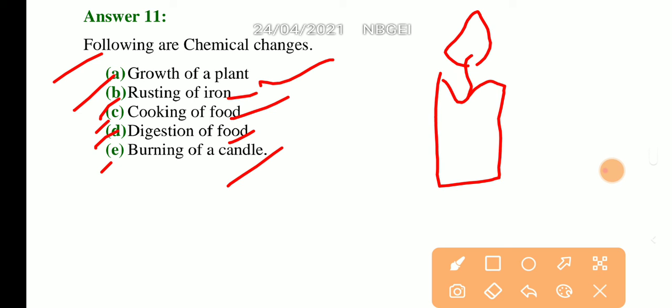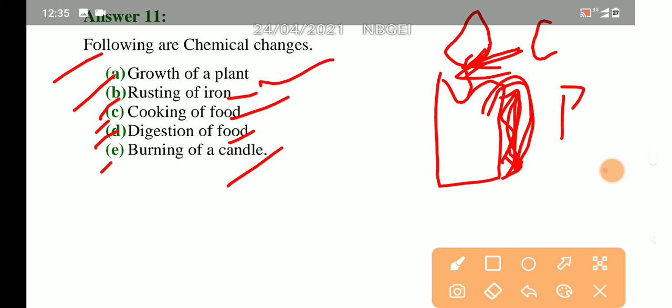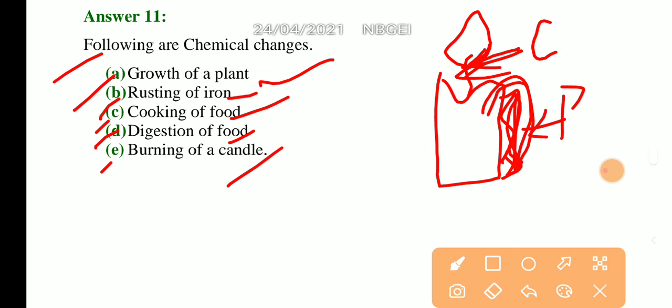The physical change is melting of wax, and the chemical change is the burning of the wick, because we can't get the wick of the candle back. So burning of a candle involves both chemical and physical changes: melting of wax is physical and burning of the wick is chemical. So here you can write burning of candle in chemical changes.